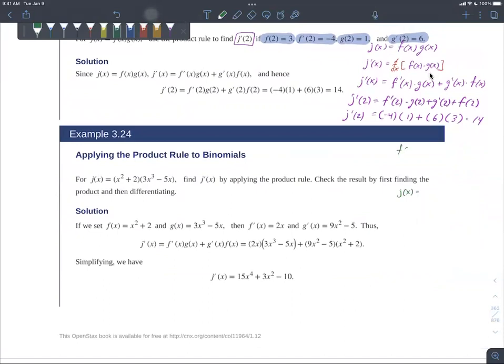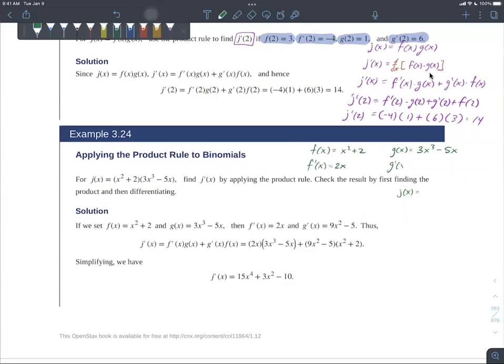Let's call these functions f of x equals x squared plus 2, and g of x is equal to 3x cubed minus 5x. So the derivative f prime of x, we can find, that's pretty easy. We'll use the power rule, that is 2x plus the constant 2, its derivative 0, so it goes away.